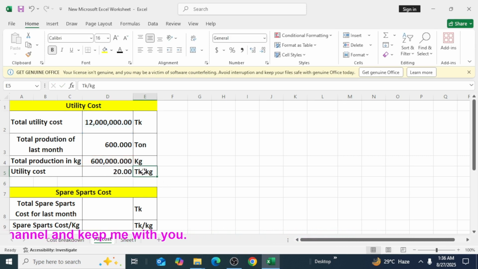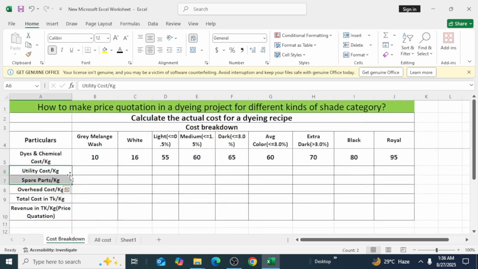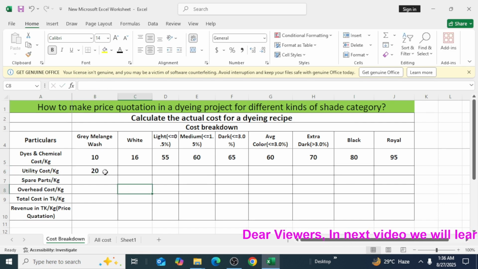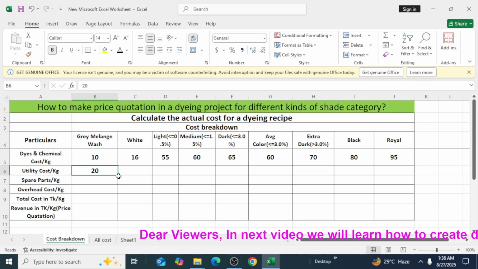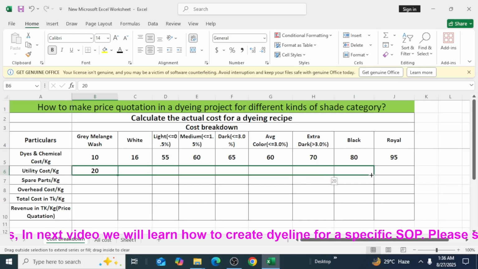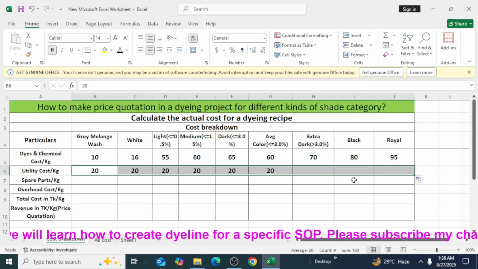That means 20 taka per kg. Now write down utility cost per kg is 20 taka. That means for each category let your utility cost is 20 taka.